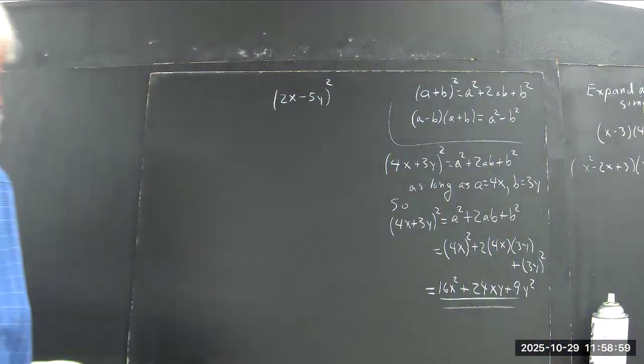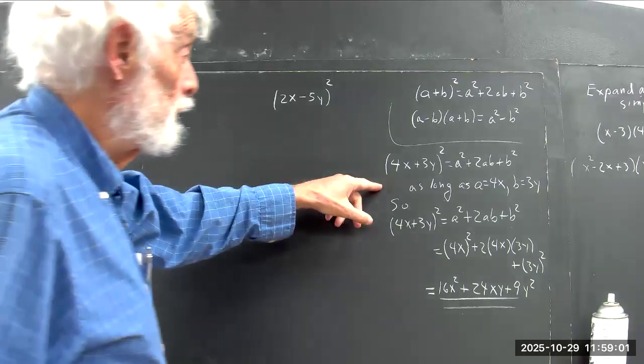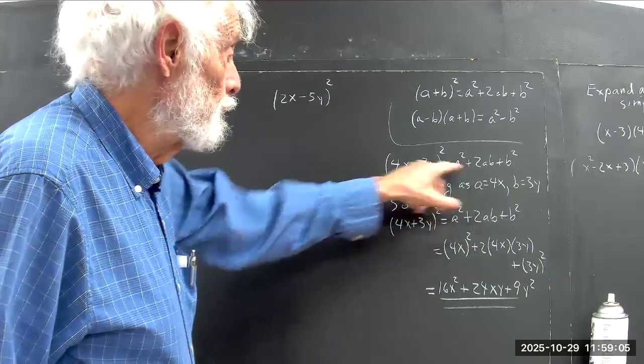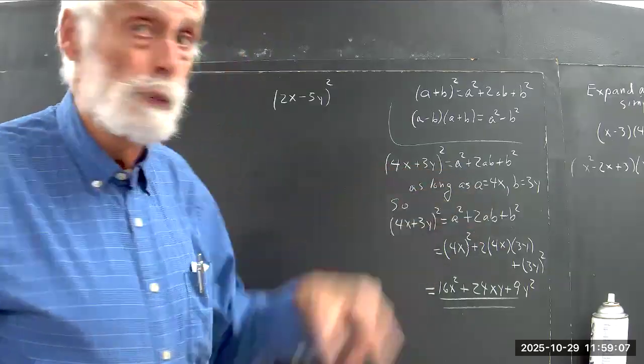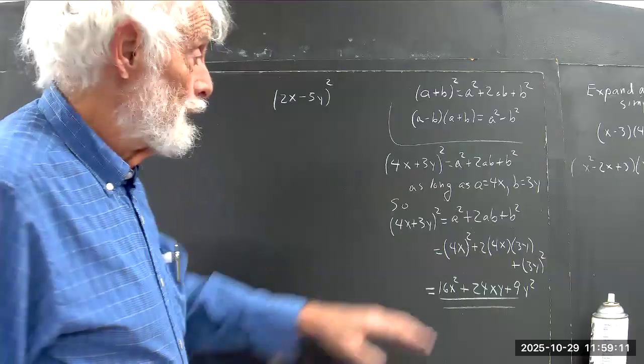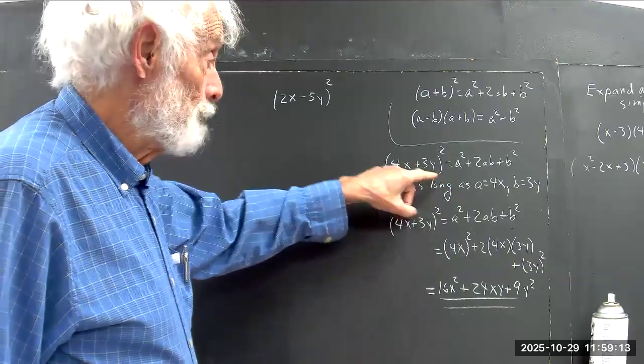Okay, so what did I do here? I said this has to equal this as long as A equals 4x and B equals 3y, right? Okay. Can everybody write out that step?